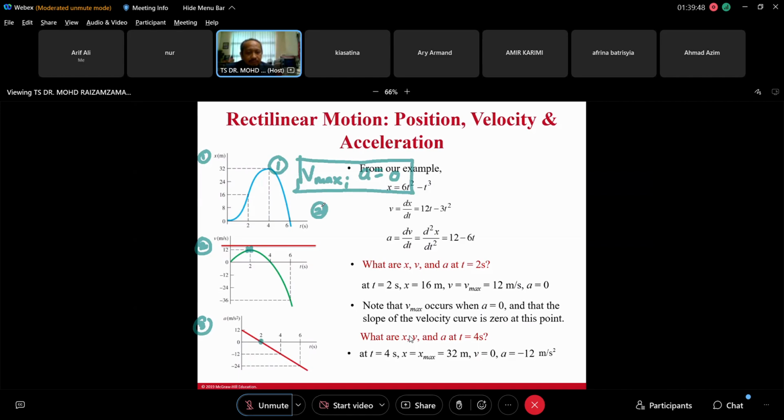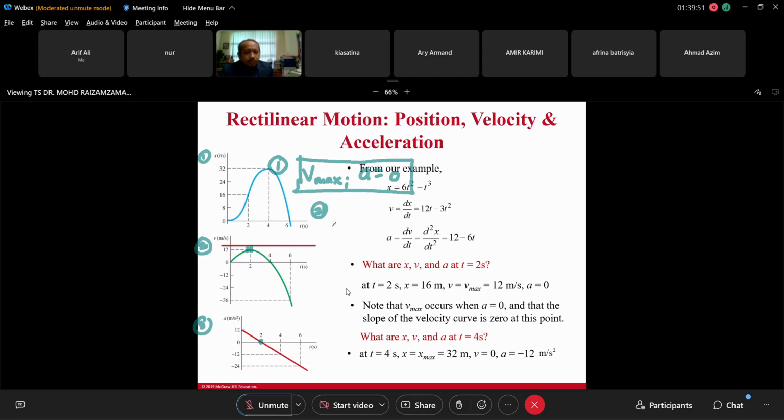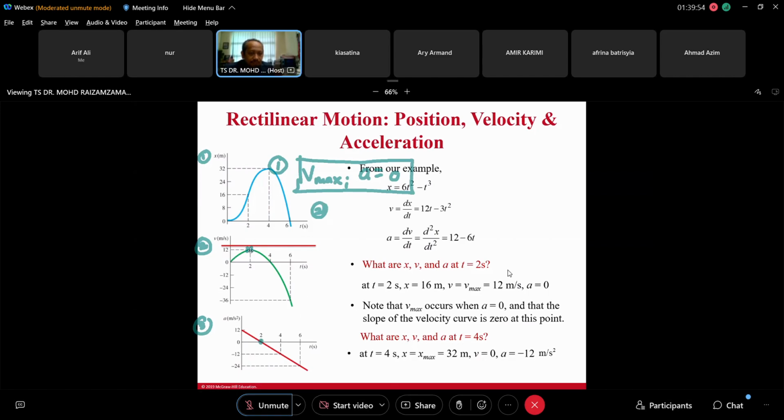How do we come up with the second conclusion? First, you have Vmax when A is 0. If velocity is 0, what happens to x? X is maximum when what, class? When velocity equals what? X is maximum when velocity equals zero.